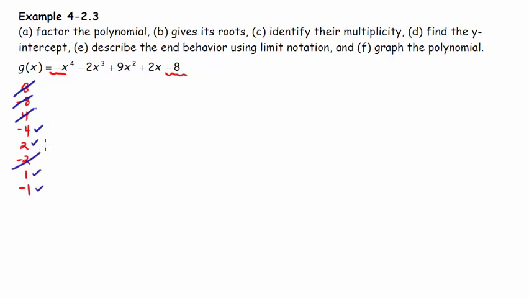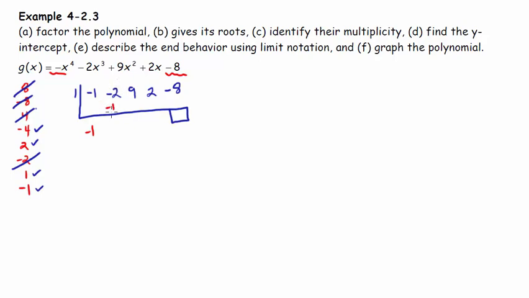Alright, so I have used the technology to help me pick roots for my synthetic division that I am pretty sure are going to work. So let's start with 1. Alright, so I'm going to bring down my -1. 1 times -1 gives me -1.